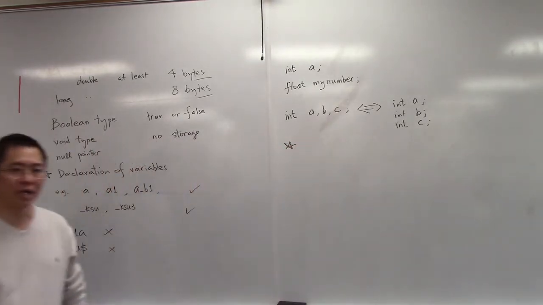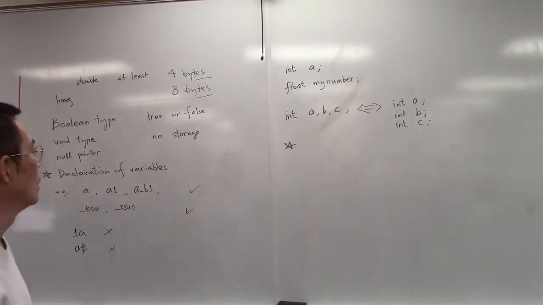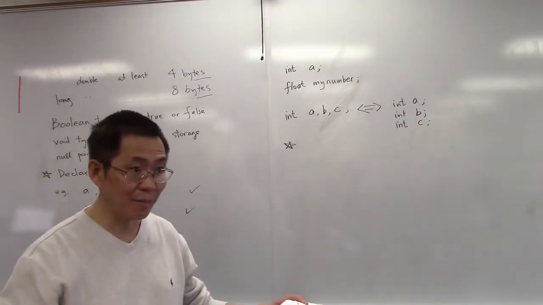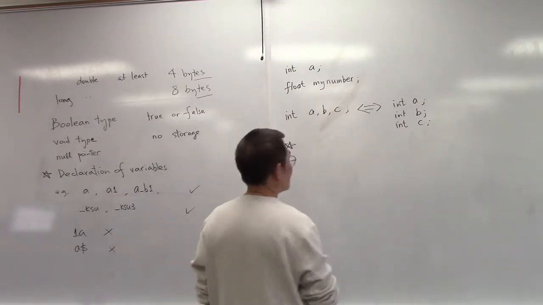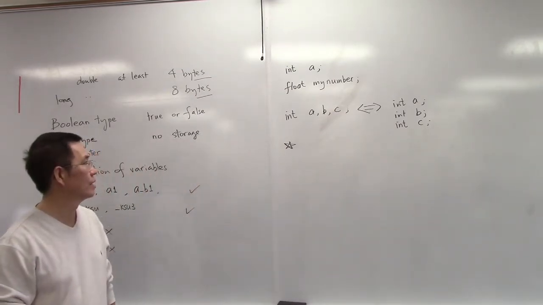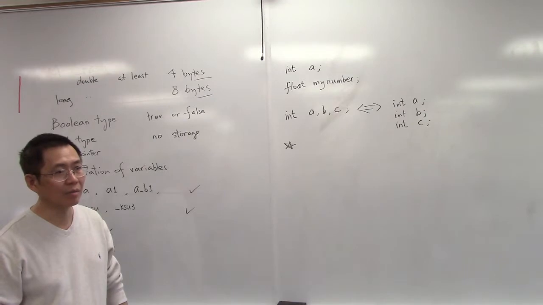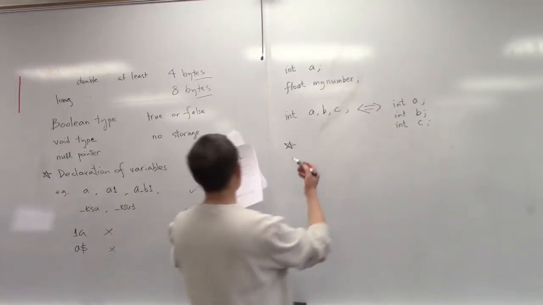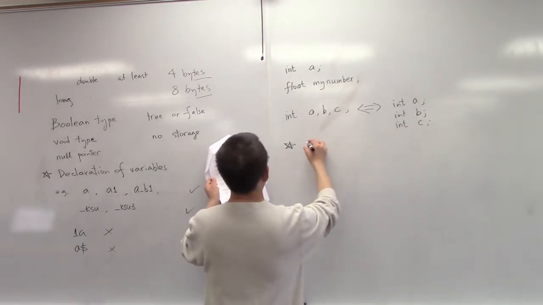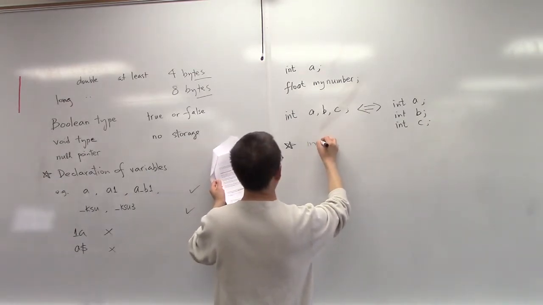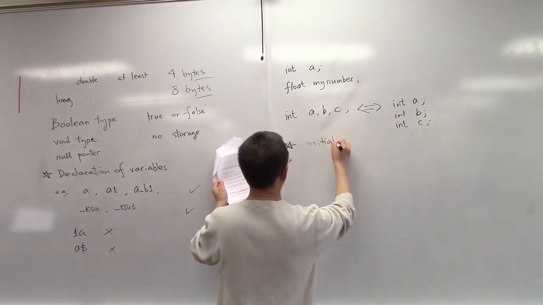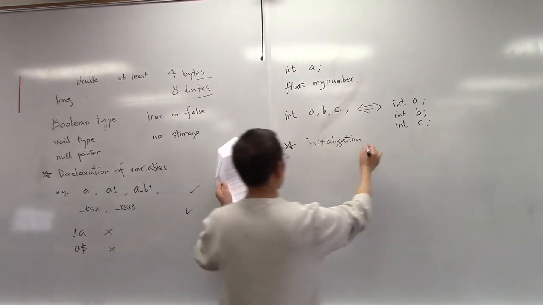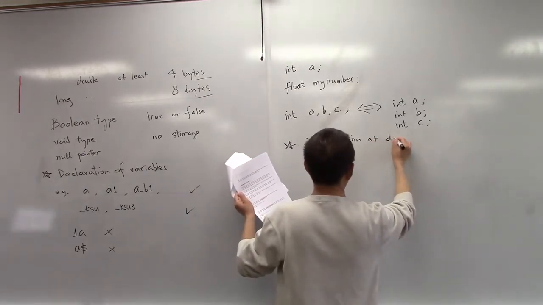C or C++ also allows you to declare a variable and initialize it at the same time. That's different from some of the other languages. Sometimes you have to declare it and then use assignment to set the value. But in C, C++, you can initialize a variable at declaration.